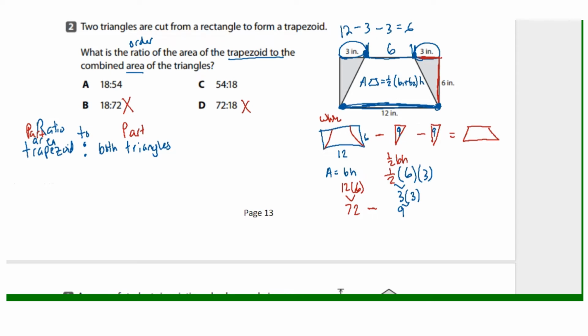Also 9. So I'm going to take away 9, and then the rest is going to be equal to the trapezoid. All right, so 72 minus 9 is going to give me 63. And then I want to take 63 and take away 9, and that's going to give me 54.